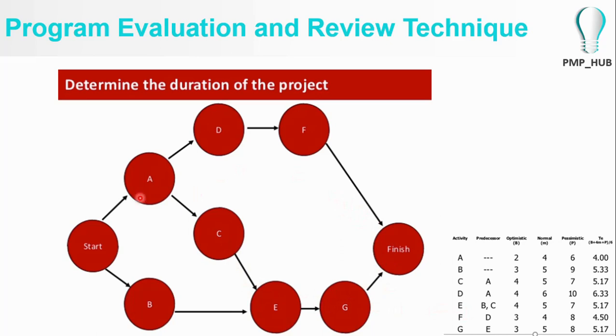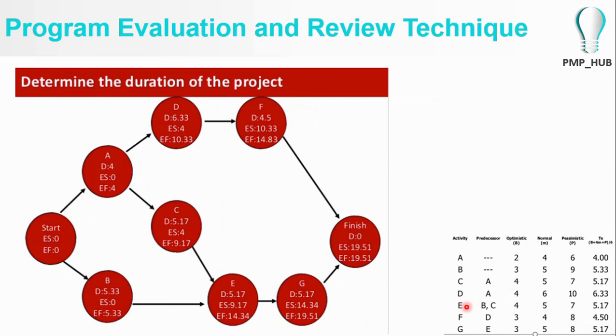So this is the network diagram, and as an exercise you can complete this, and these are the durations that you need to take in. So the duration for A is 4, duration for D is 6.33 days, duration of F is 4.5 days, which is here.